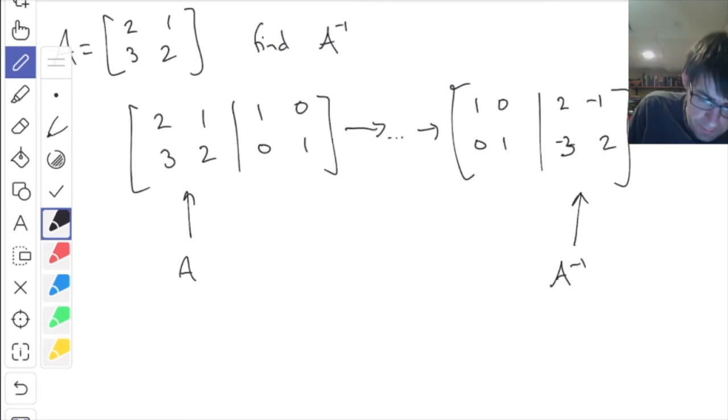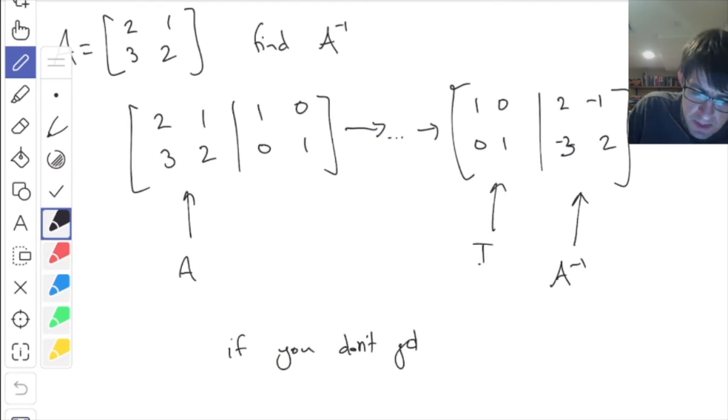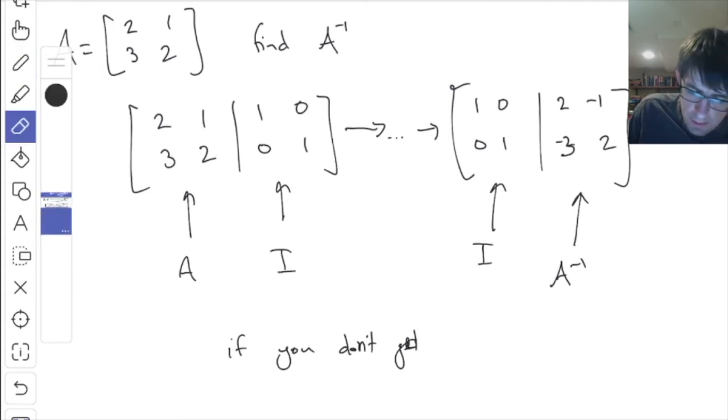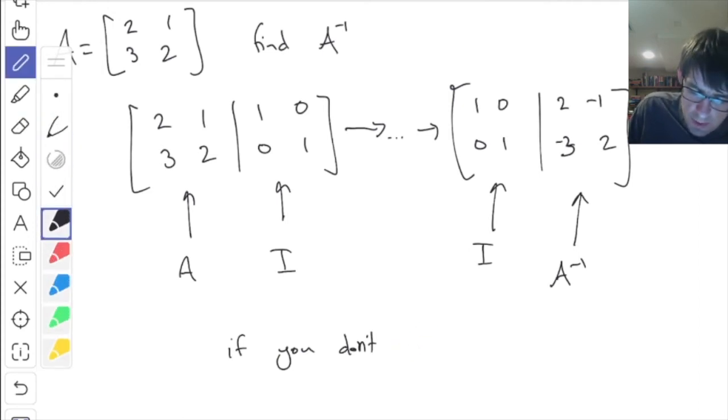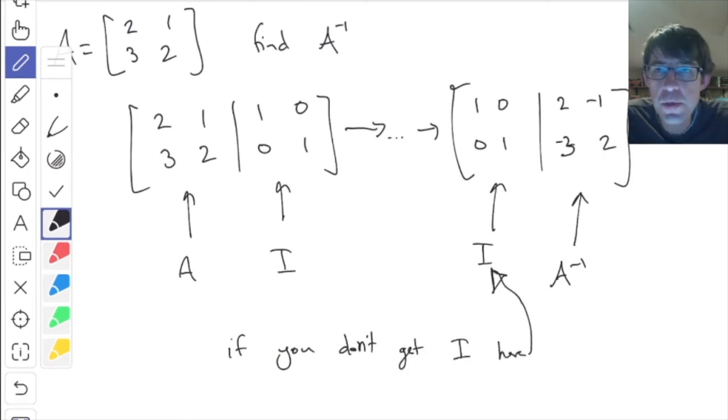And if you do this, of course this is the identity, right? And this is the identity. If you don't get I here, I mean, it can happen sometimes when you do the elimination, something weird happens and you don't get the identity matrix.